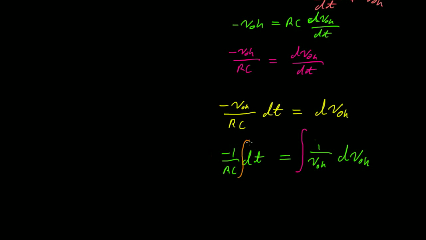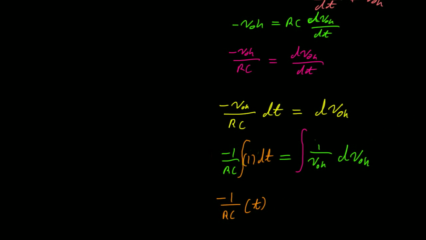So we're really integrating 1 dt, and all we get is t. So the left-hand side is just going to be minus 1 over RC times t, times time.